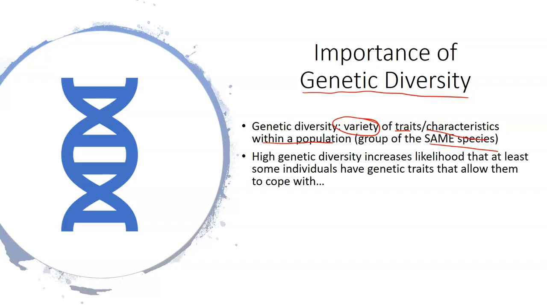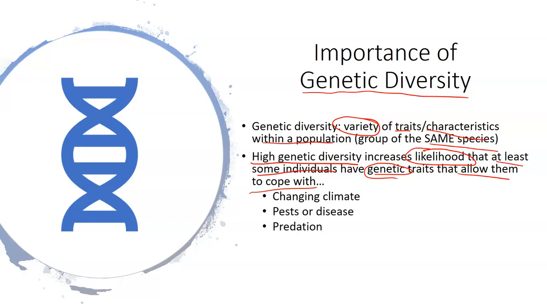And the reason genetic diversity is important is when we have high genetic diversity, it increases the likelihood that at least some individuals have genetic traits that allow them to cope with things like climate change, with things like pests or disease or predation or habitat loss.